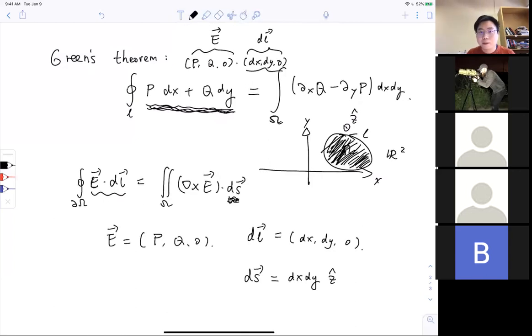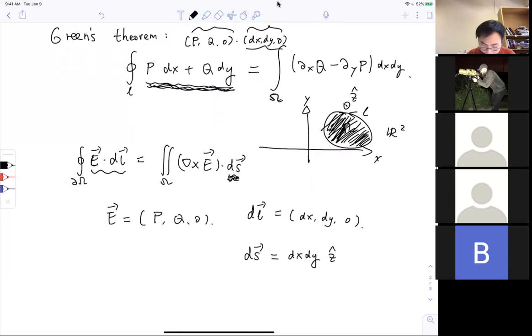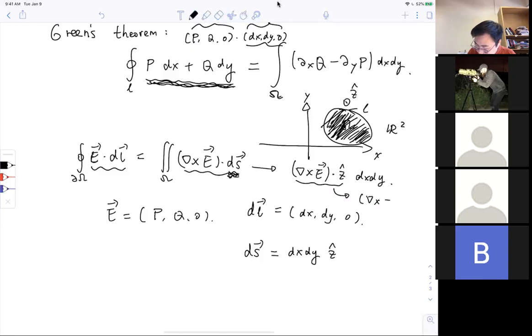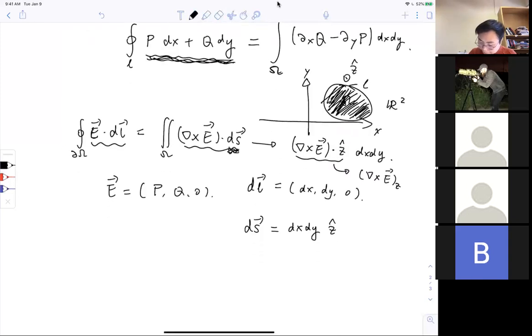Feel free to stop me if you have questions. So this part becomes curl E dot z hat dx dy, which is nothing but the z component of this curl.